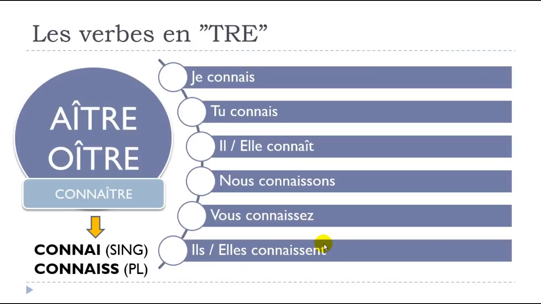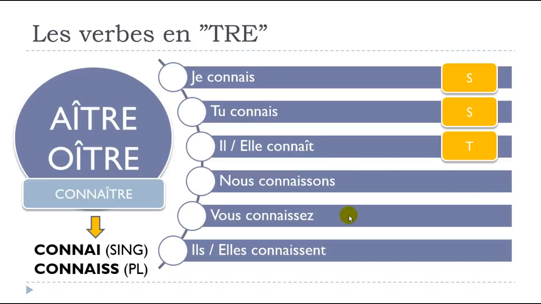Alright, so one more time, you just put for the singular this stem here, and then for je you will add S, for tu you will add S, for il you will add T. And that's the reason why you will get je connais, tu connais, il connaît, elle connaît. And then keep in mind this little circumflex thing here.